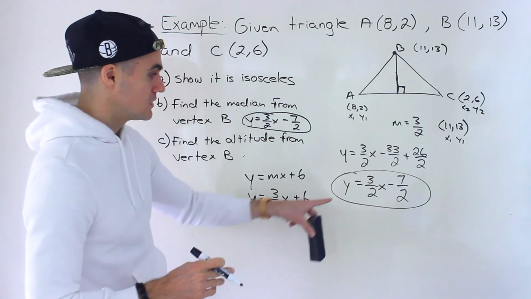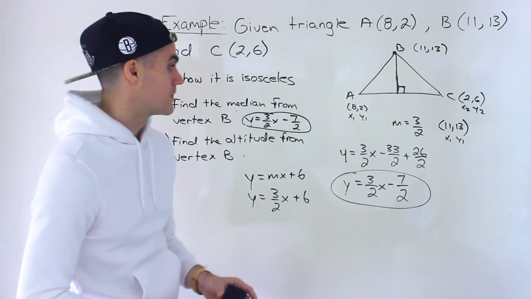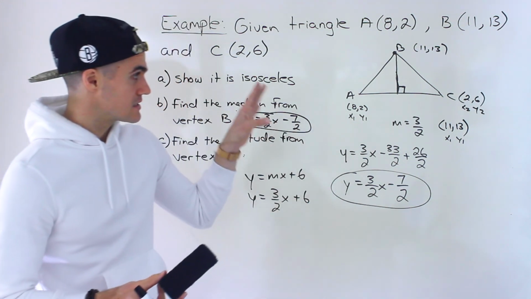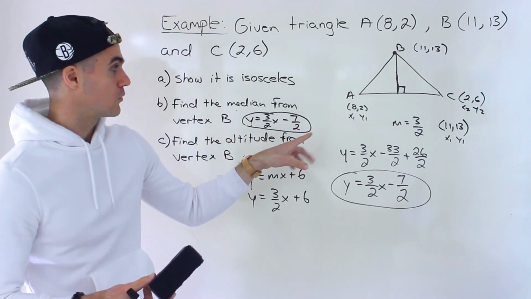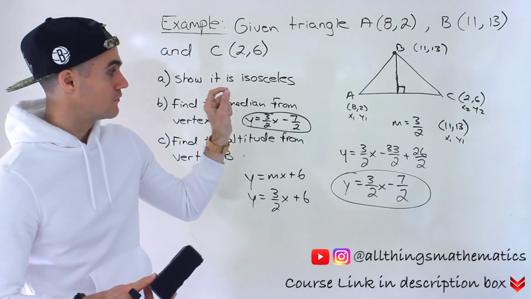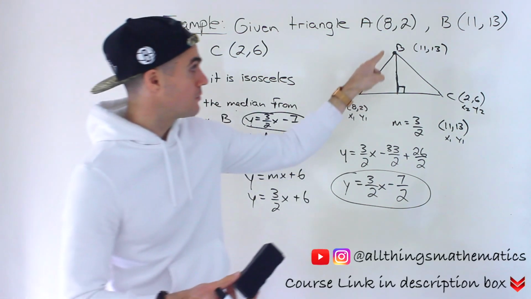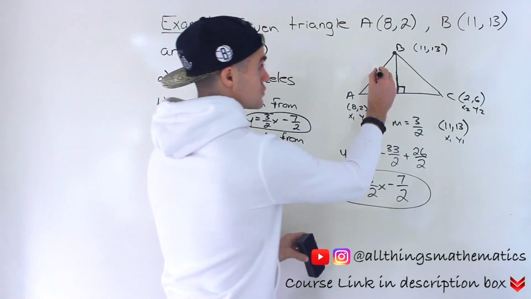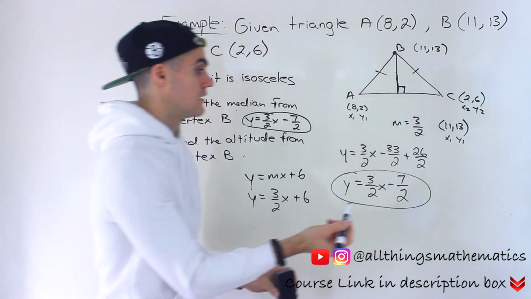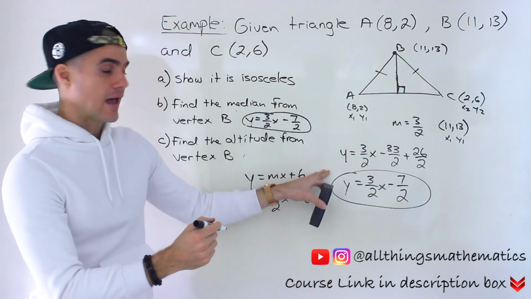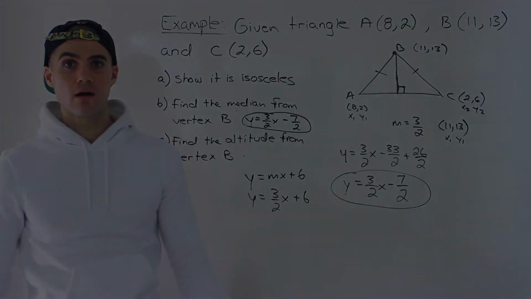Right? So whichever way you do it, the equation of the altitude is that. And as we mentioned, because this is an isosceles triangle and we're dealing with the median and the altitude from the vertex where those two equal sides are meeting, as expected, the median and the altitude coincide, or they are the same.